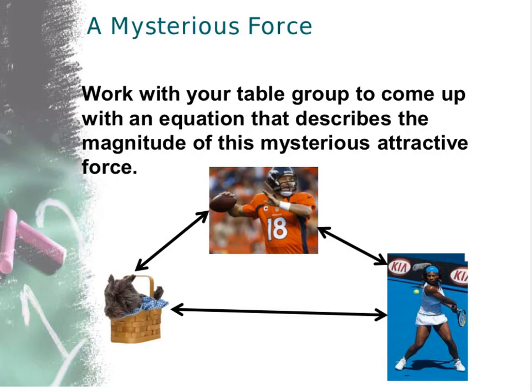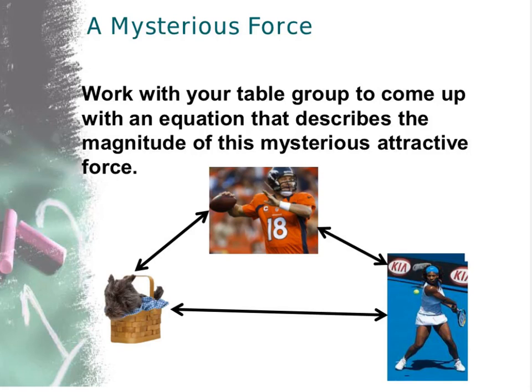So this table shows this mysterious force that attracts Toto to Peyton Manning, Peyton Manning to Serena Williams, and Toto to Serena Williams, and it also works in the reverse direction. So if Toto is attracting Serena Williams, Serena Williams in turn is attracting Toto.